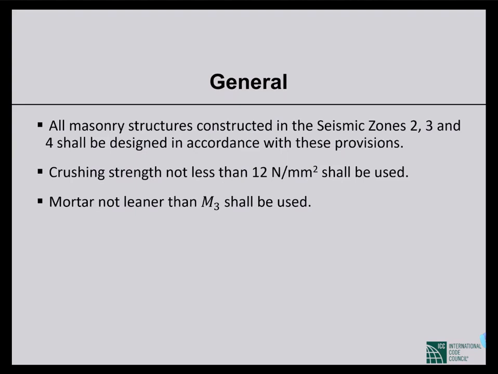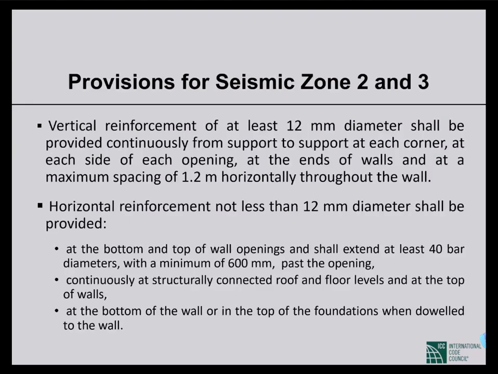So for masonry, it's 12 megapascal. And mortar must be of M3 grade or higher grade, M1, M2, M3. That is, cement sand ratio should be 1:3, 1:4, or 1:5. M4, M5, M6 cannot be used for earthquake resistant design. Those were for material.